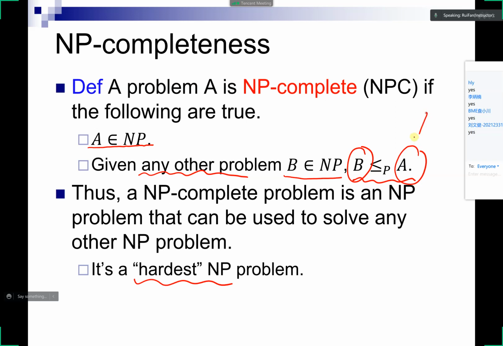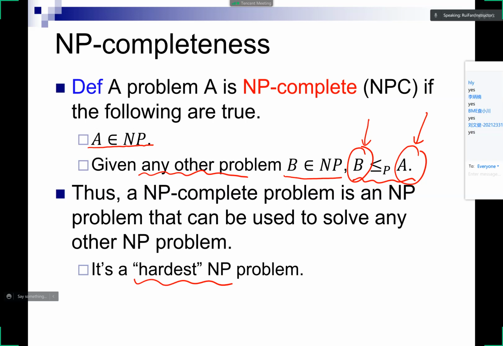Okay, so that's the definition. Any questions about this?